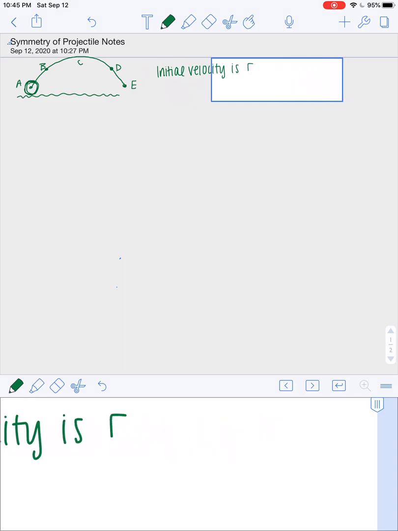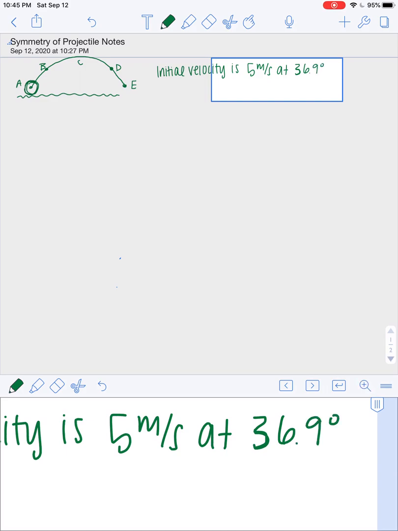is 5 meters per second at 36.9 degrees. And that is all of the information that we get.